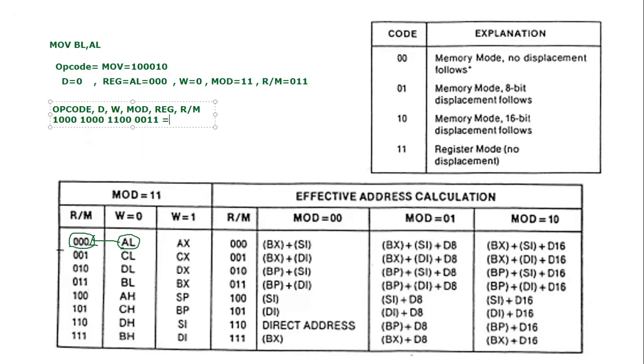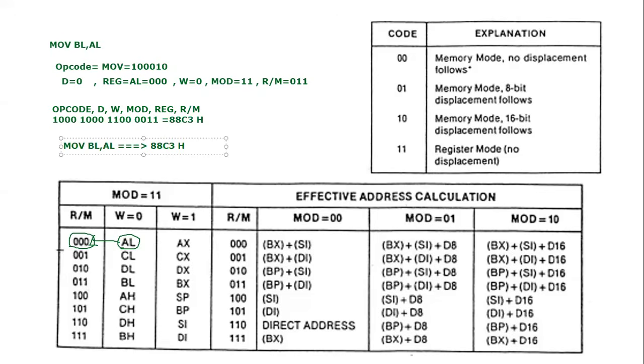If I convert them, that will become 8, 8, 1100 that is 12, which is C, and 0011 means 3. So this is in hexadecimal. So what is the result? MOV BL, AL is the instruction, and if we convert it into binary or hexadecimal, that would be called 88C3.